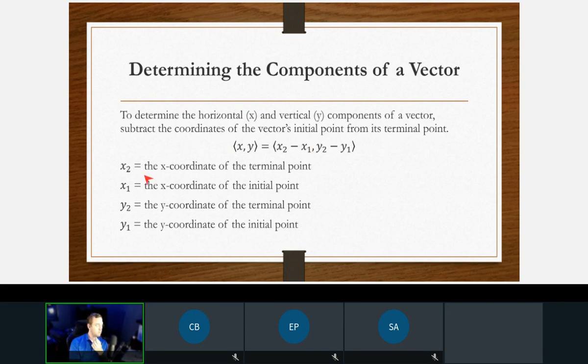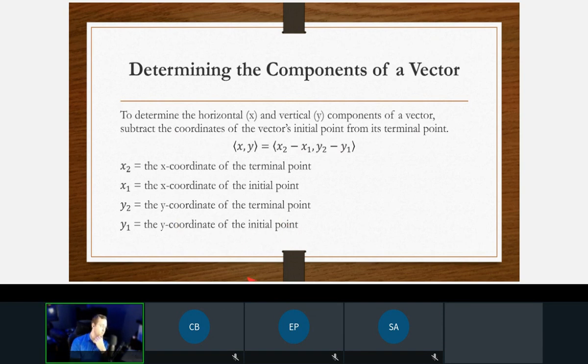X sub 2 is the terminal point. X sub 1 is the initial point. And then same thing for your y. It's going to be y sub 2, which is the terminal point, minus your y sub 1, the initial point.